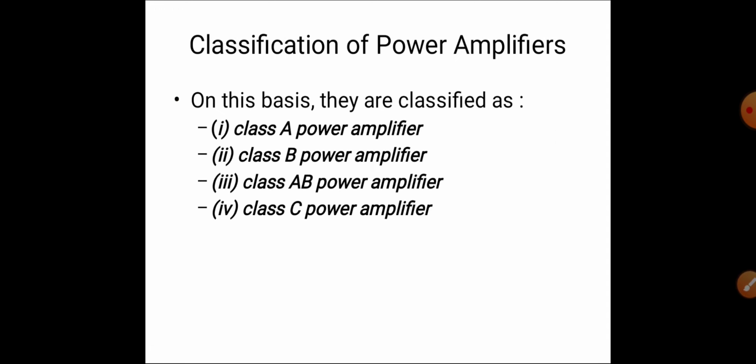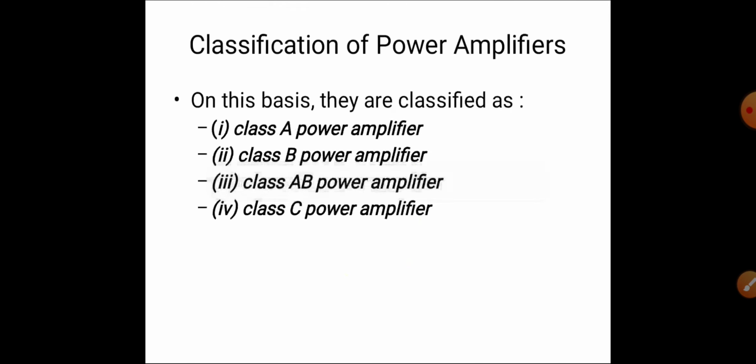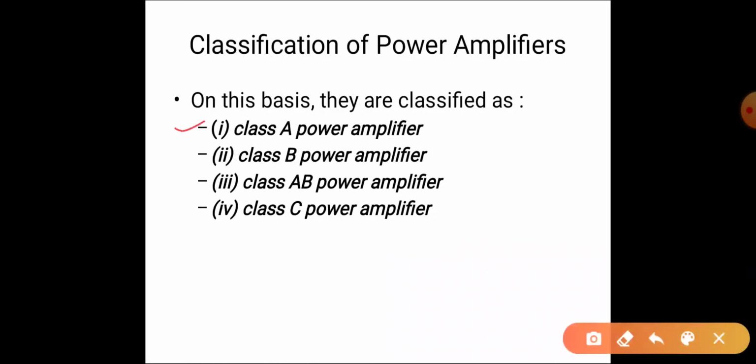On this basis, whatever we have seen earlier, we are going to classify the power amplifier into 4 major classes, that is class A, class B, class AB power amplifier, and class C power amplifier. These are the 4 major classes.